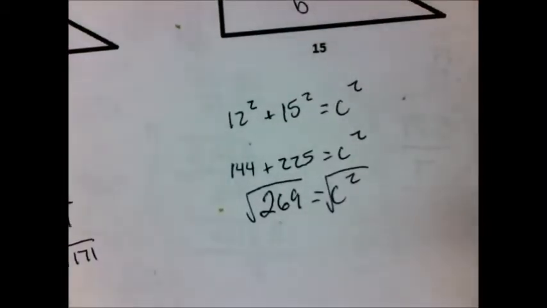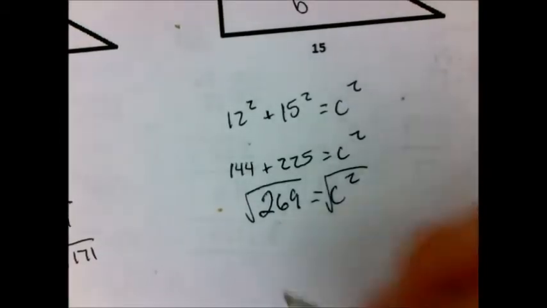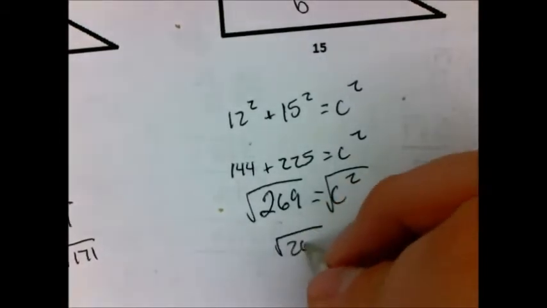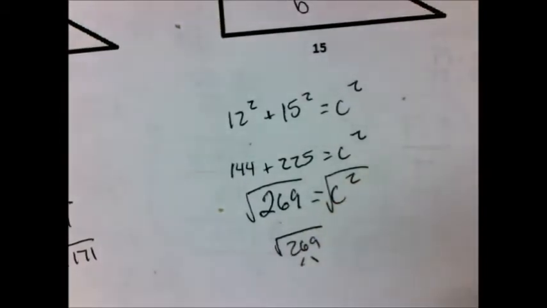Once we square root both sides, we know we've got to break this down. So 269 breaks down. Let's divide by 3. That doesn't work. Let's try 9. That's not going to work. Let's divide by 7. Nope.